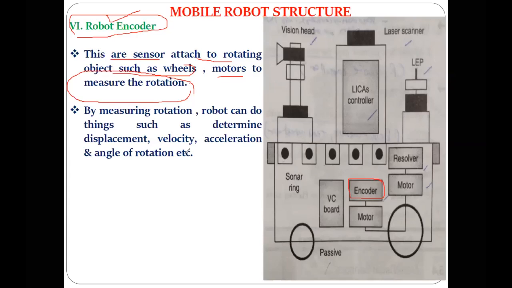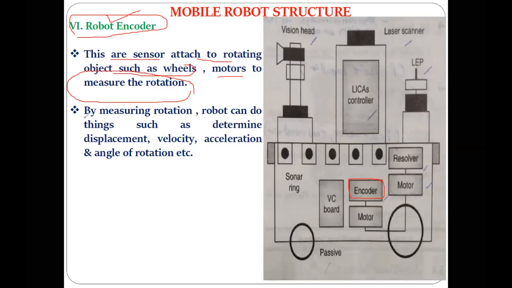By measuring the rotation, can it help us measure the speed? Yes, speed determination can be done by measuring the rotations of these wheels, motors, etc.